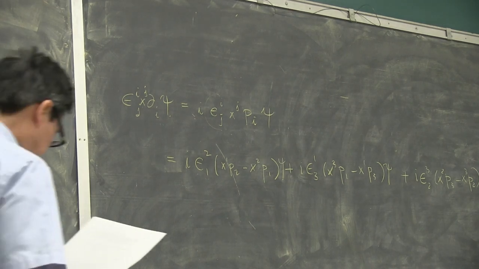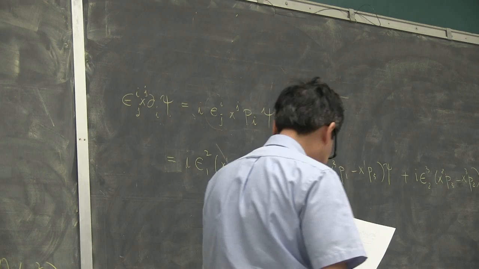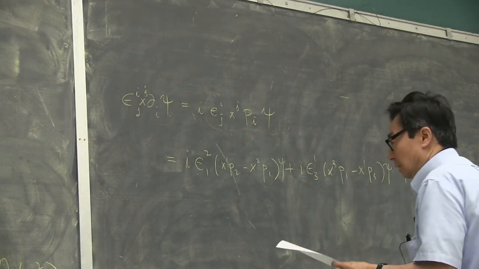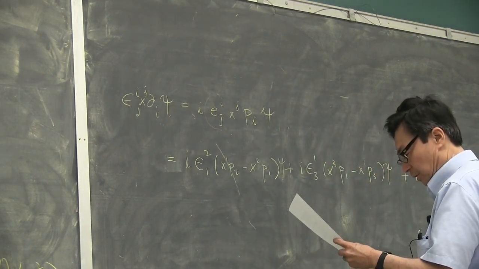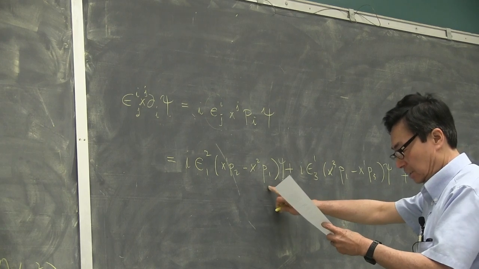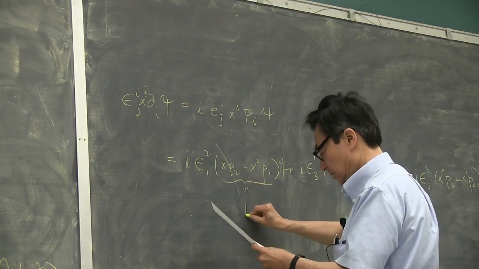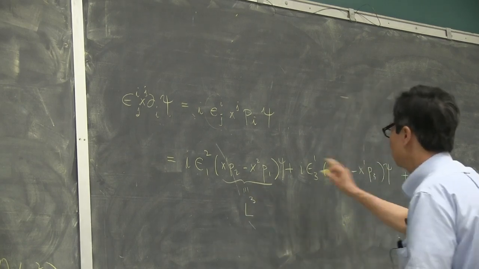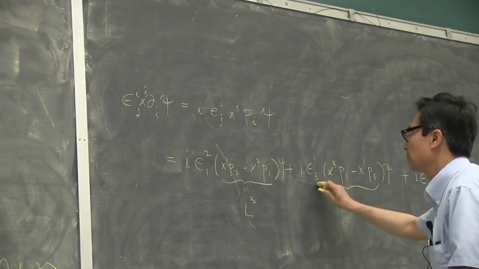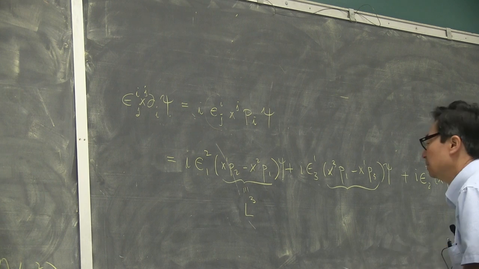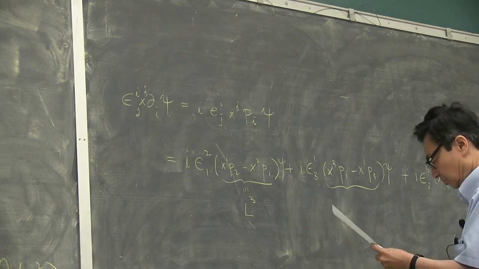And now, let me just go ahead and define x1 p2 minus x2 p1. I'm going to define this to be the 3rd component of the angular momentum, because there are 3 independent ones in here, corresponding to the fact that there are 3 independent numbers for 3-dimensional rotations.